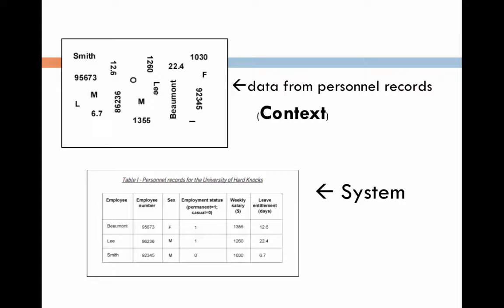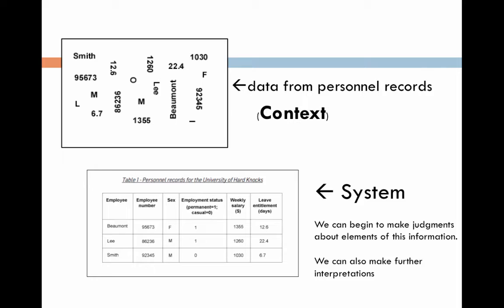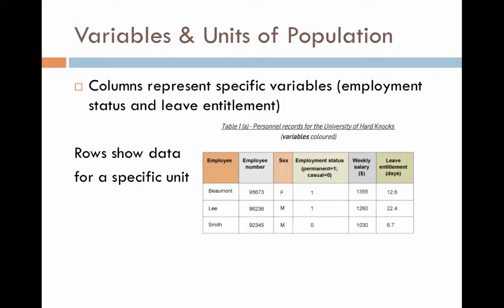Of course, we couldn't just make those assumptions and move on. Beaumont could occupy an equal position to Lee but have been there longer, hence the higher salary, or some other arrangement might be made. But we can make judgments about the elements of this information and then further interpretations.